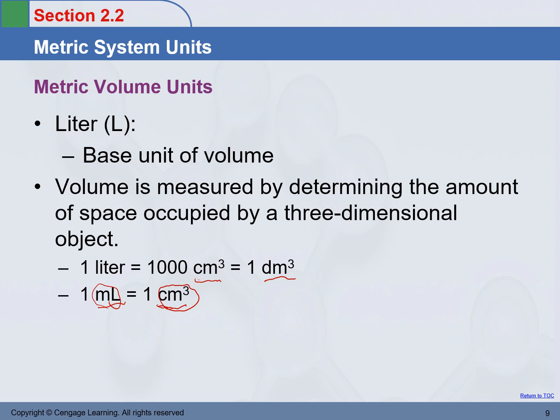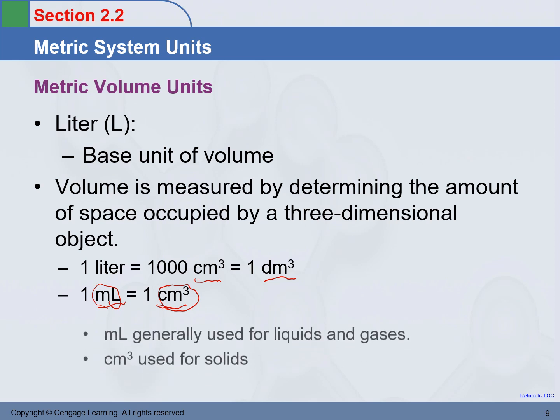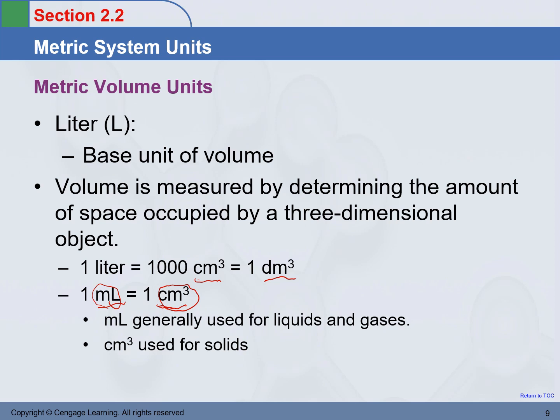You may want to ask, why do people have two different units for the same size of volume? Well, it's a habit, basically. Milliliter is generally used for liquids and gases, and cubic centimeter is generally used for solids. However, they are of the same size.